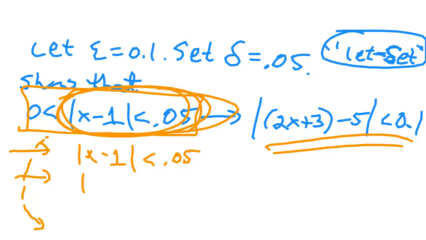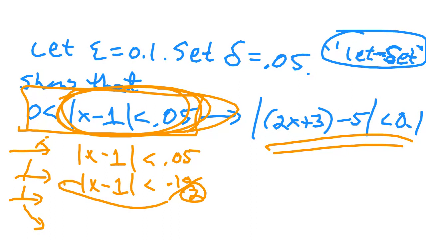That the absolute value of x minus 1 is less than 0.1 divided by 2, which implies I can take that 2 up over here.